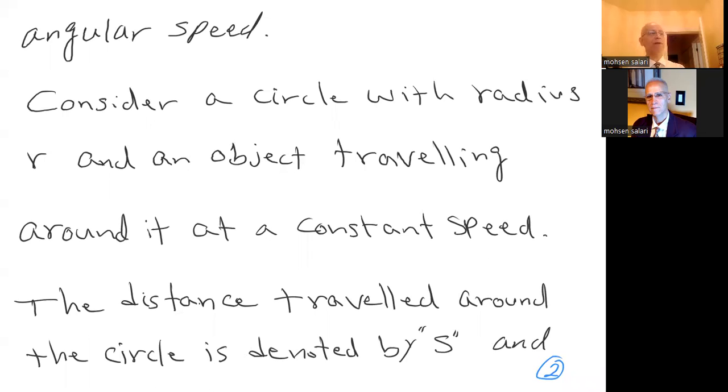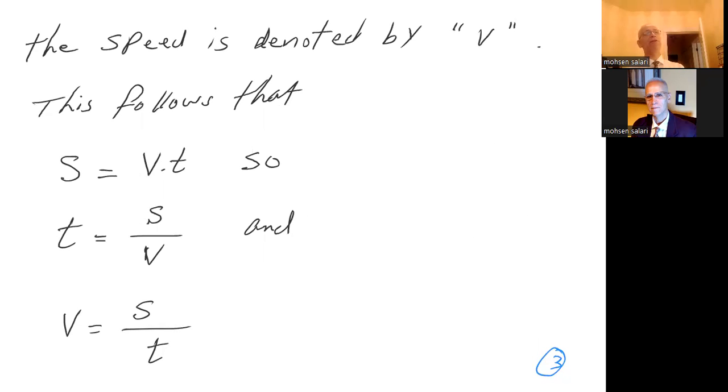Consider a circle with radius r and an object traveling around it at a constant speed. The distance traveled around the circle is denoted by S, and the speed is denoted by V. This follows that S equals V times T.